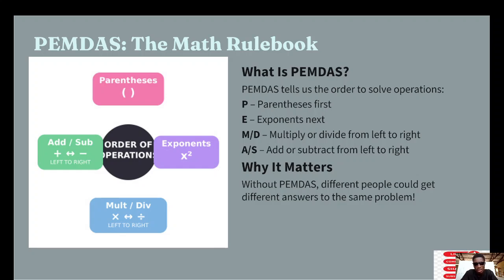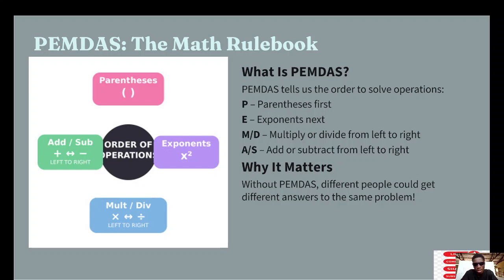So the first step is to review PEMDAS. This is the rule that tells us which operations to do first. So if you have an expression, you have to look for these items before you start working on the expression.